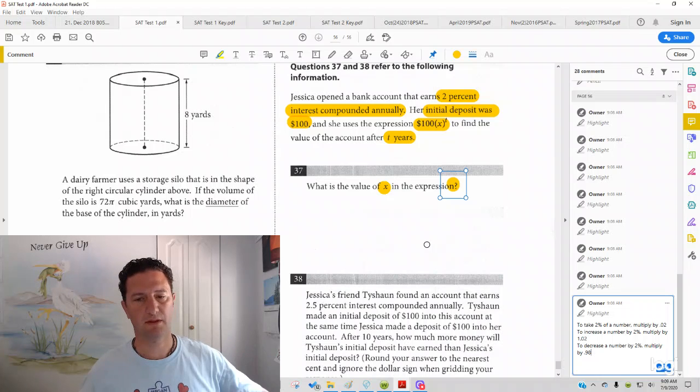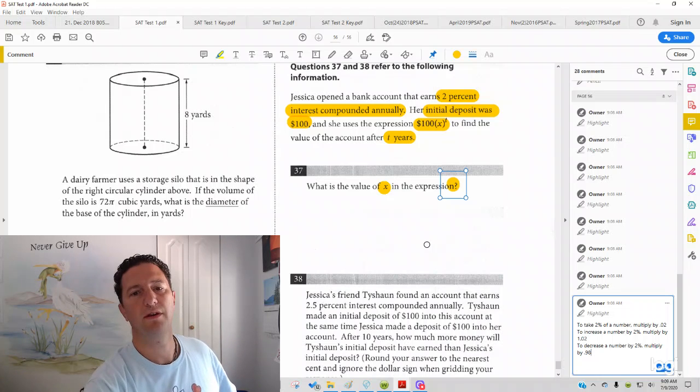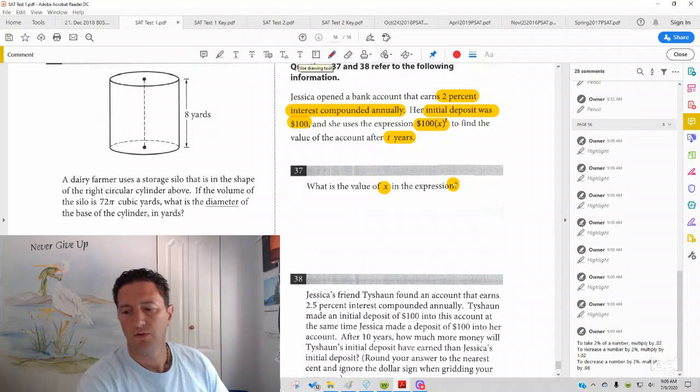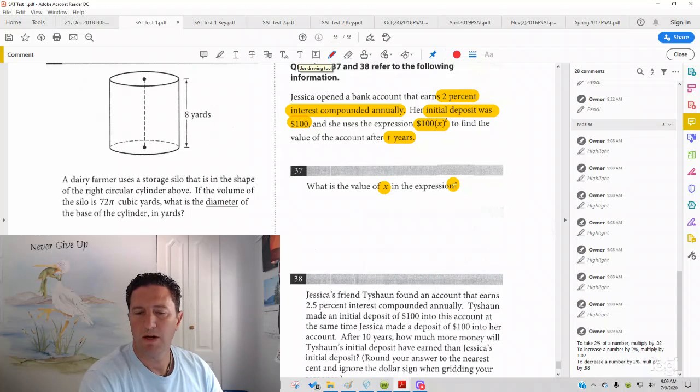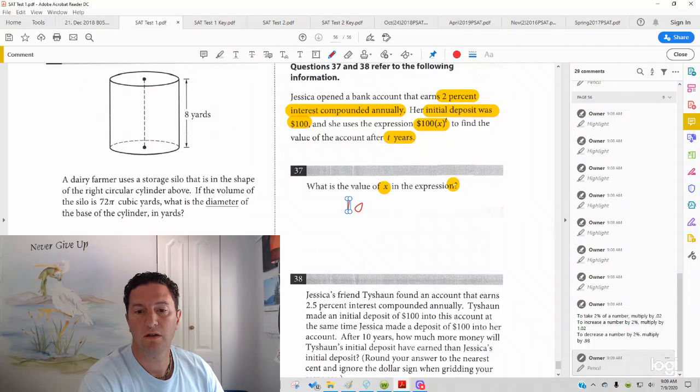So we're going to prove these rules. First, to increase a number by 2%, what most students will do, let's say that number is 100, is take 100 and add 2% of 100.